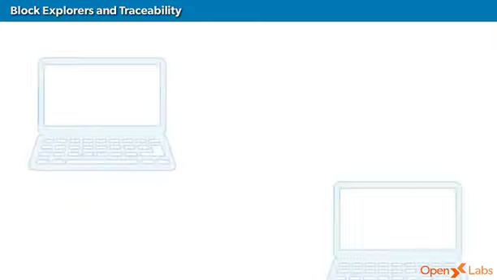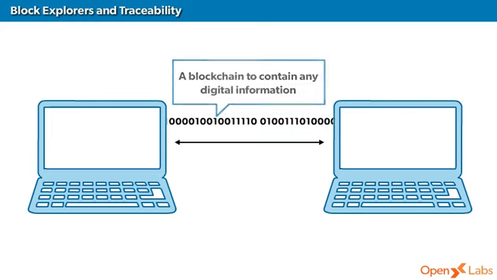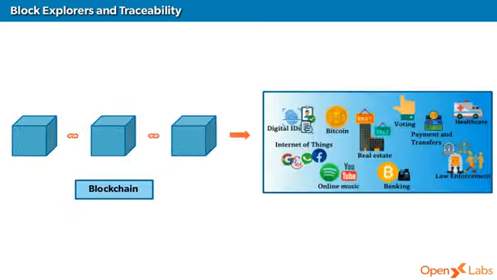Now, if we consider a transaction to simply be a sequence of ones and zeros that represents data on a computer, then we can imagine a blockchain to contain any digital information. This is why blockchains can be used in applications other than just money, where the information needs to be immutable.